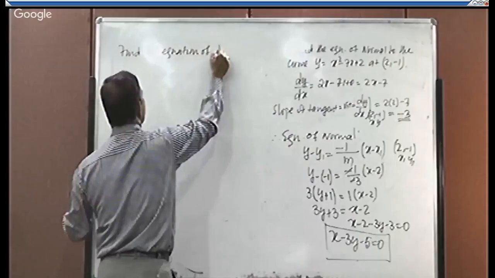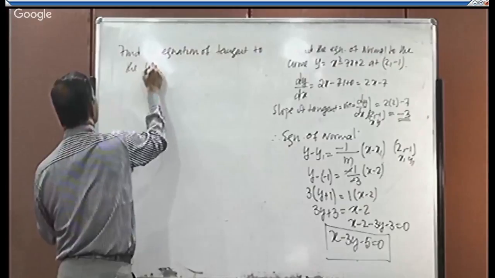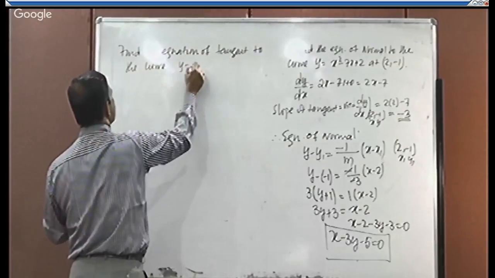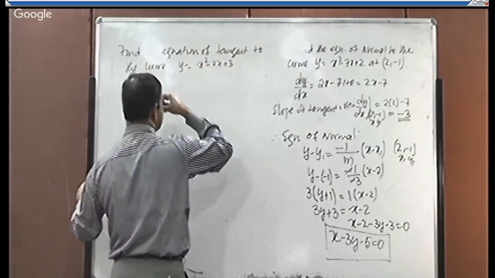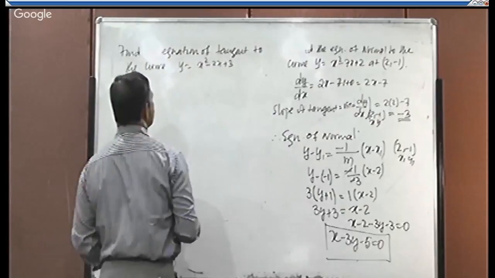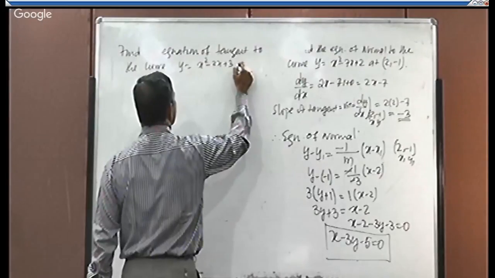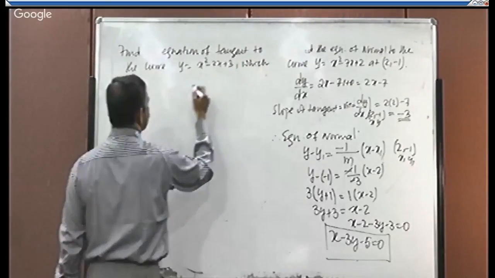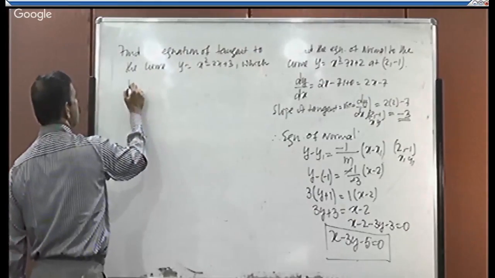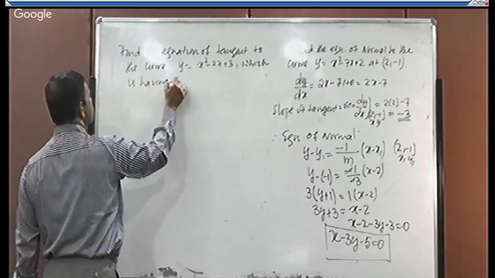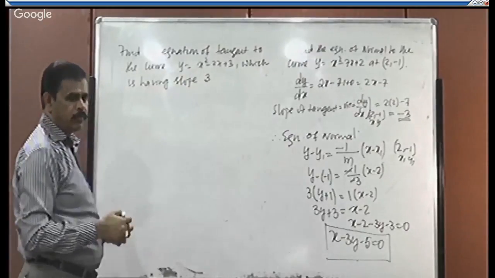Find the equation of tangent to the curve y is equal to x square minus 2x plus 3, which means the tangent is having slope 3.